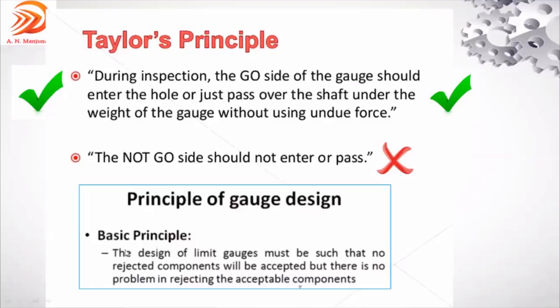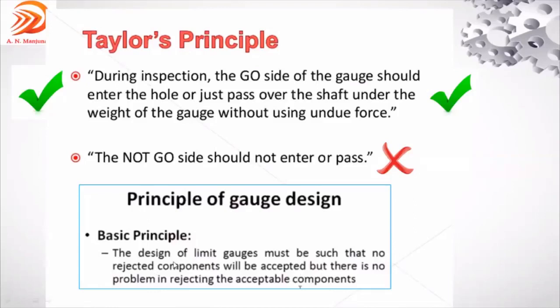Always in the industries, whether it is mass production or individual production of the component, usually in mass production, they try to design the gauges or do the inspection in such a way that the design of the limit gauges must be such that no rejected component will be accepted, but there is no problem in rejecting the acceptable component, right? All of you are able to hear, right?